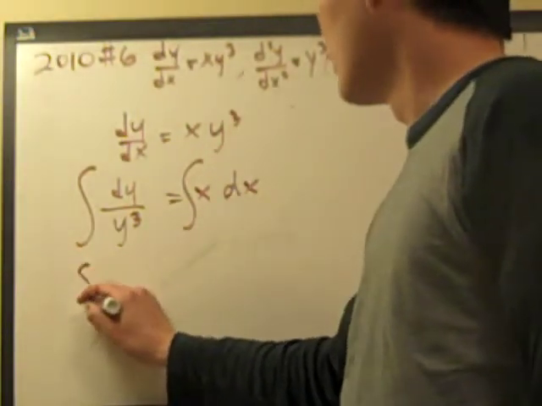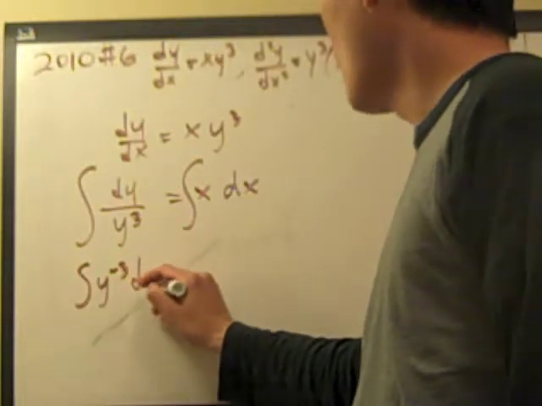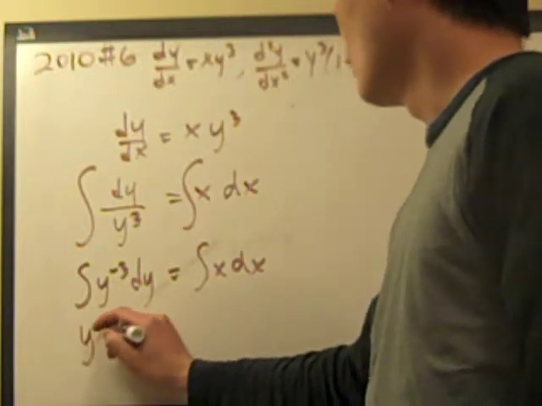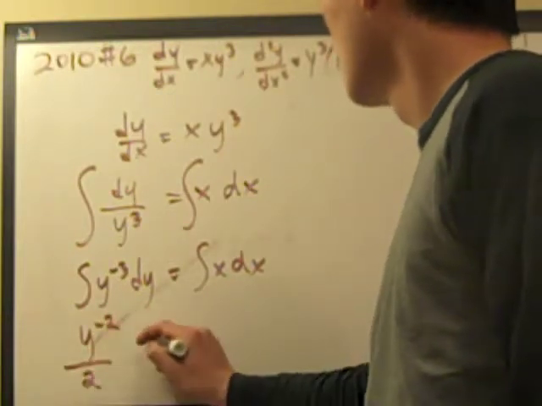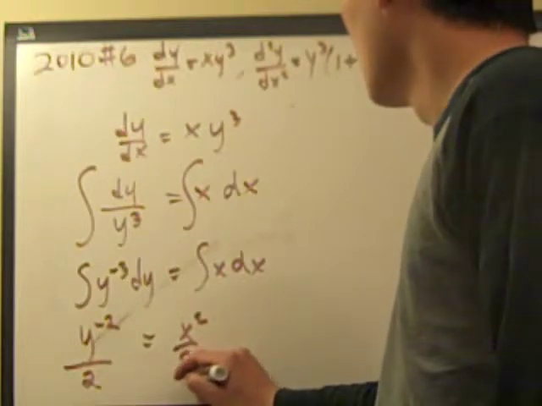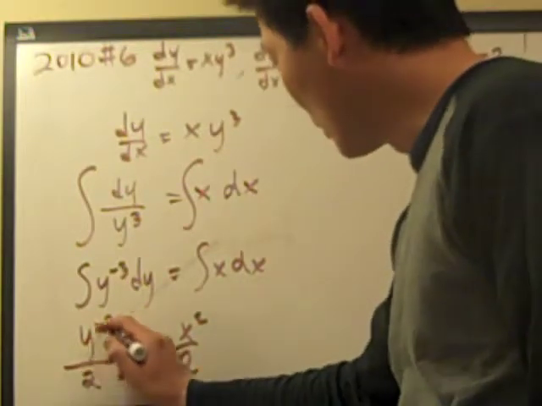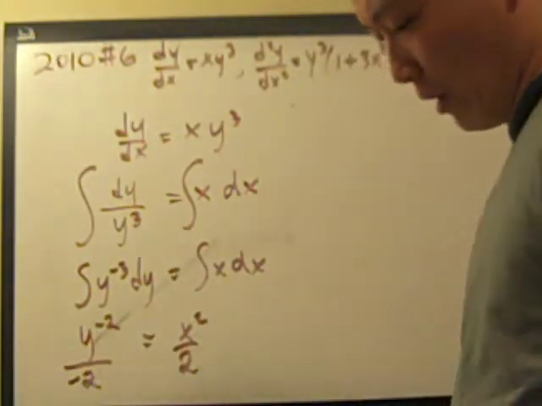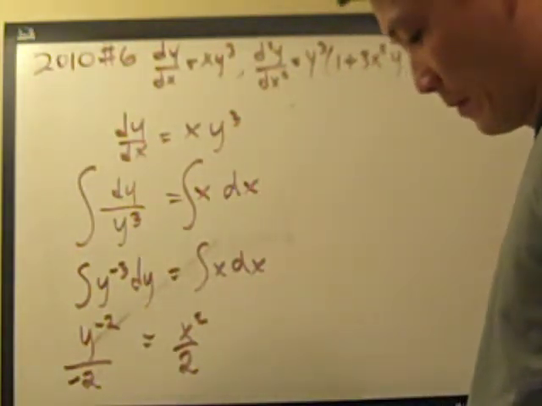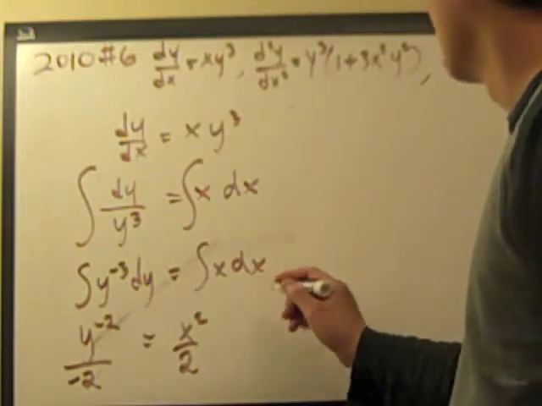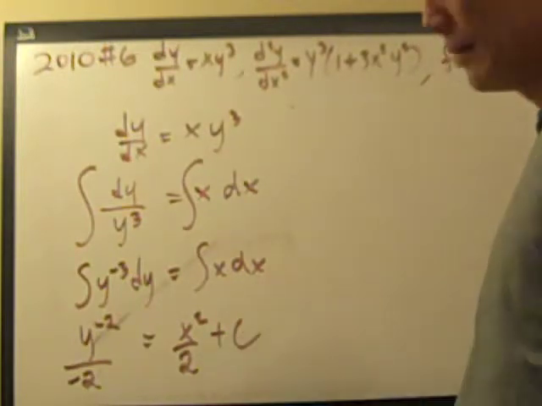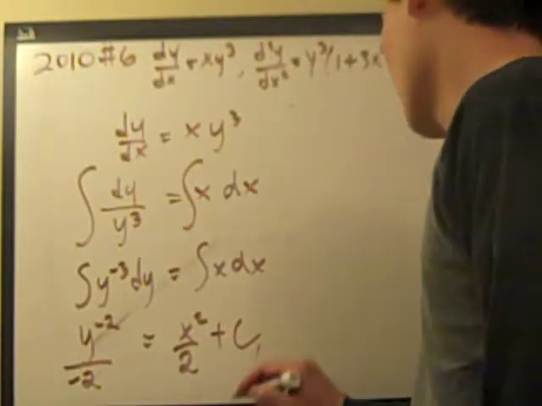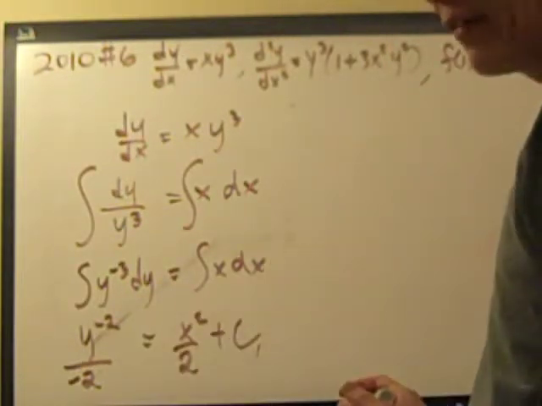This is equivalent to y to the negative 3 dy, and this is x dx. So we get y to the negative 2 over negative 2 equal to x squared over 2 plus c. Okay? And you can say plus c1 if you like.